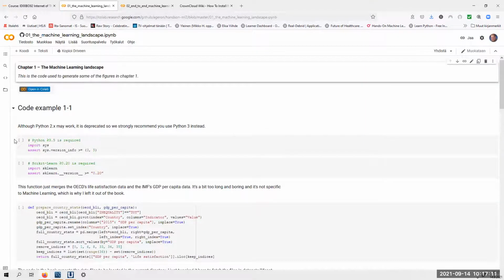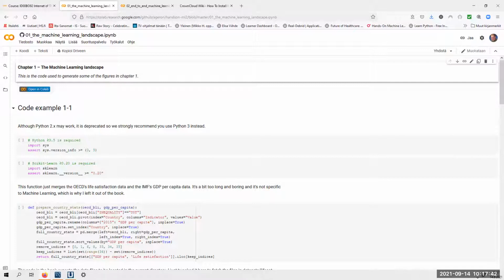So I like the simplicity of this. You don't have to install anything. But if you want to install, then you should install Anaconda 3, Anaconda Navigator, which among other things includes this Jupyter Notebook.